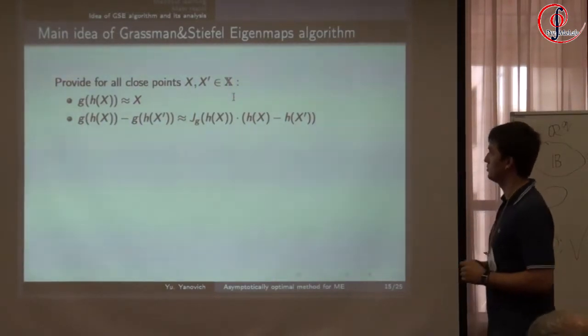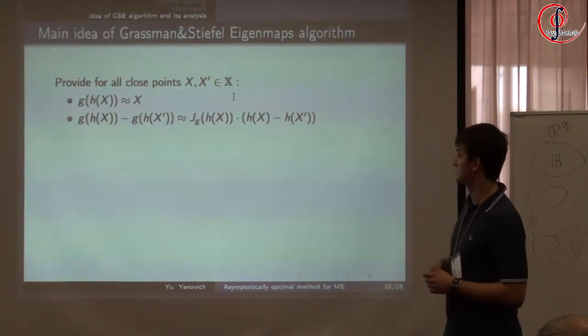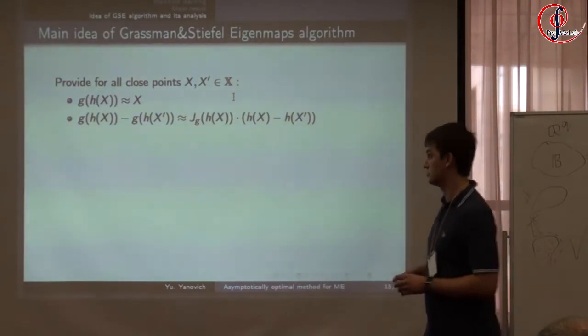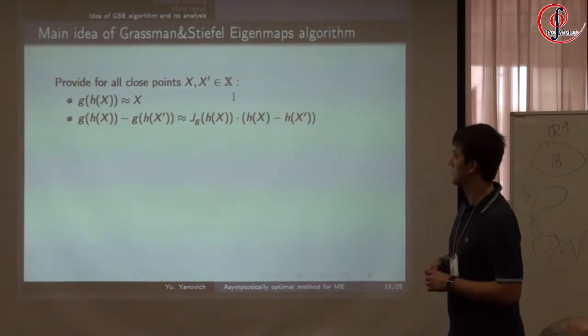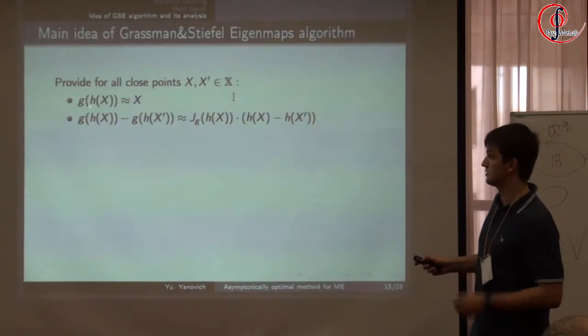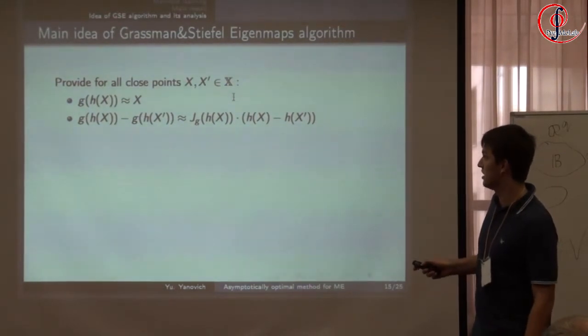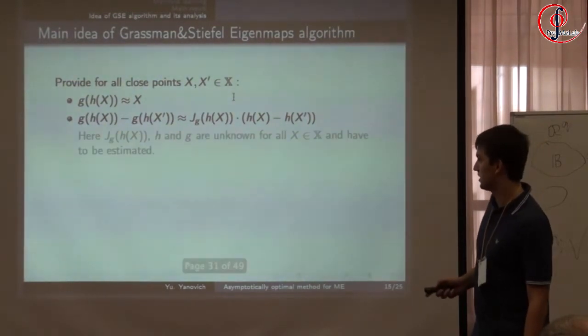Well, now I'd like to present the main idea of the GC algorithm and give some notes about such parameterization of the manifold. The idea of the GC algorithm is to have a small reconstruction error and to use the first order Taylor expansion of our mapping.